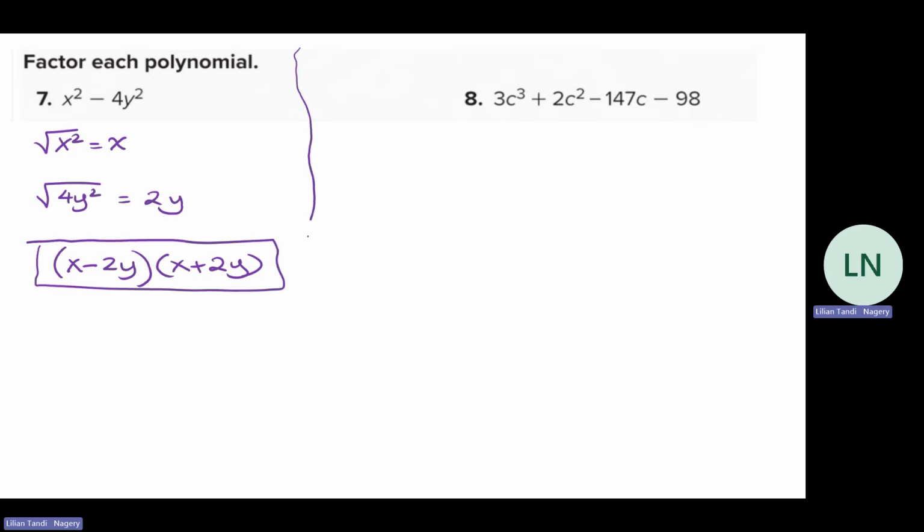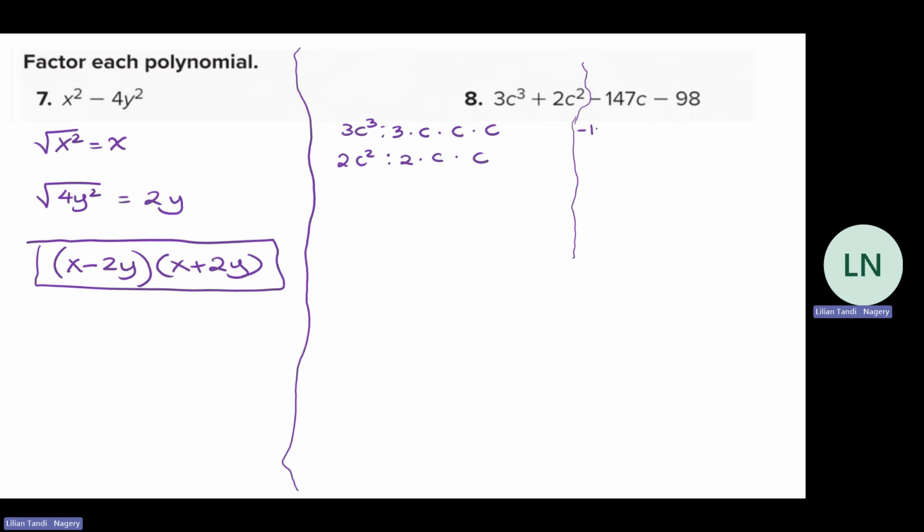Okay, now let's do this. So we're going to cut this into 2. Okay, so we'll do here 3c cubed, 2c squared. This becomes 3 times c times c times c. This becomes 2 times c times c.